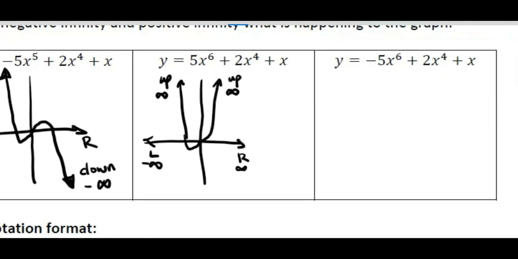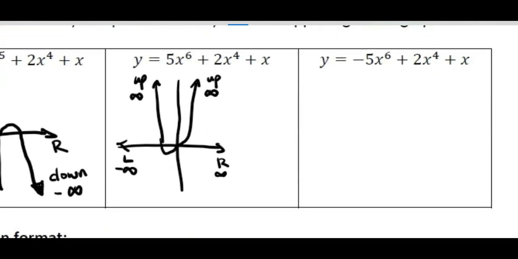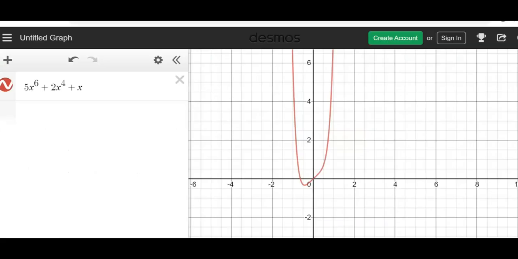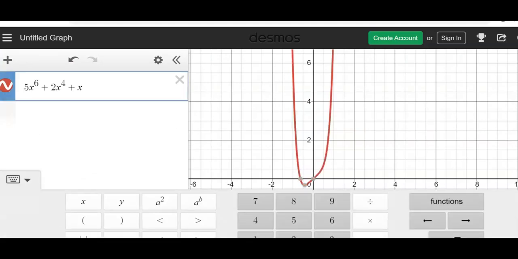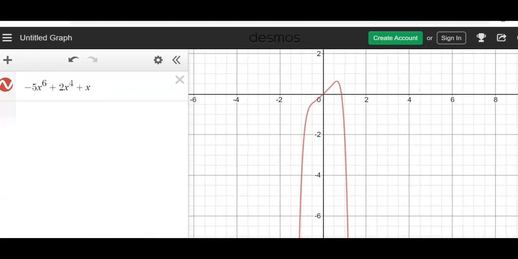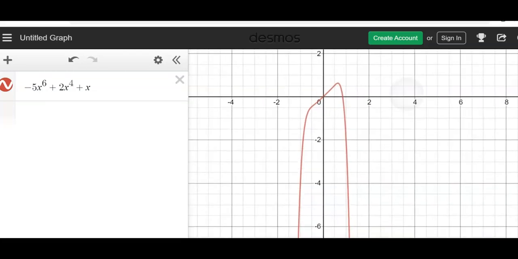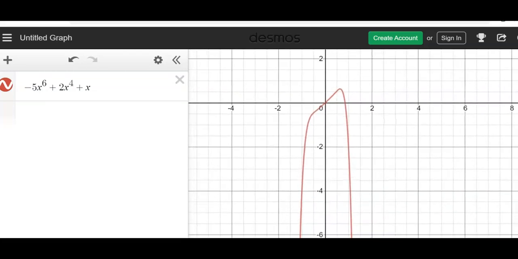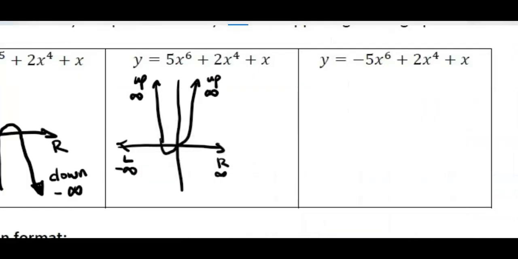And then finally, if we look at the other example here, negative 5x to the 6th. If we look at Desmos, I put a negative in front of that. Looks like it's very similar to the other thing that we had, but it's flipped upside down. So we go back to our example, we can sketch this.